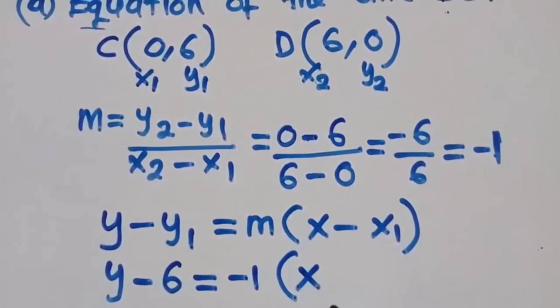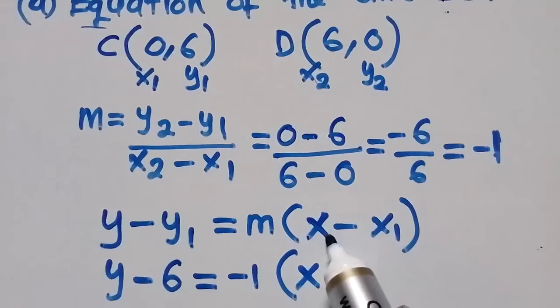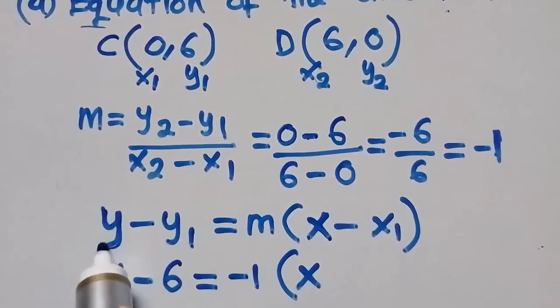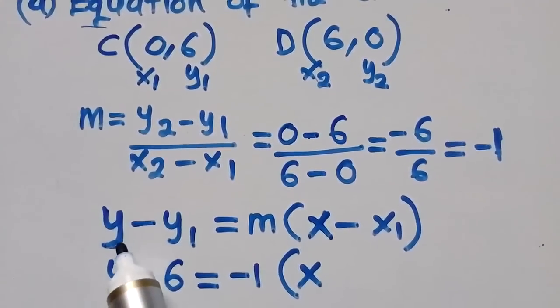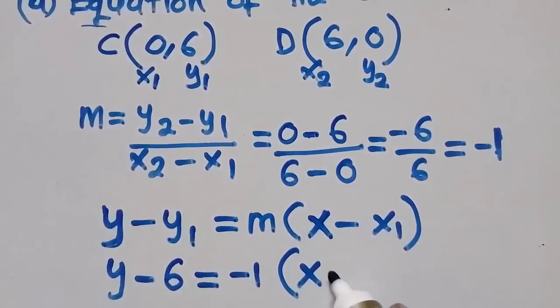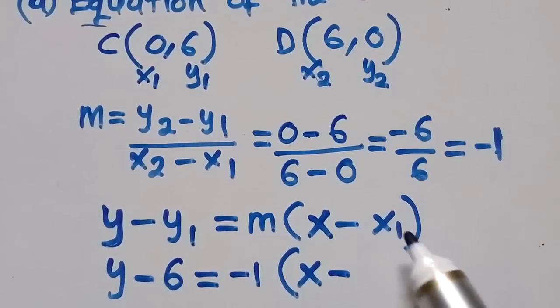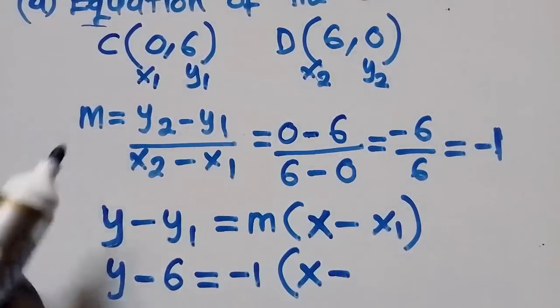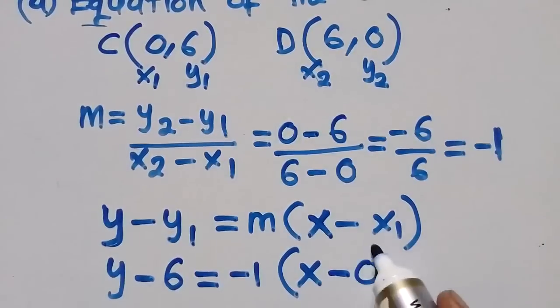X is also constant. These x and y are constant; there is nothing like y2, you can make such mistakes, so avoid that. You say minus x1, which is 0, so you put a 0 there.